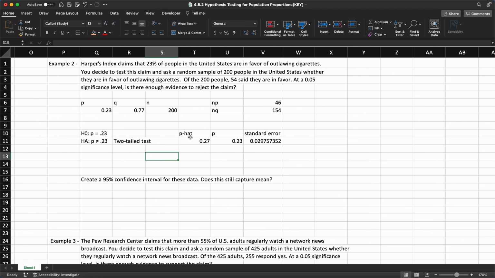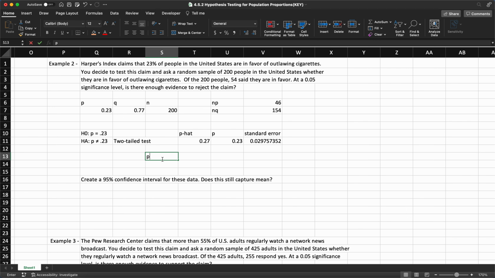Now, because p hat is bigger than P, I want to know what is the probability that this value could be this much bigger than the mean.